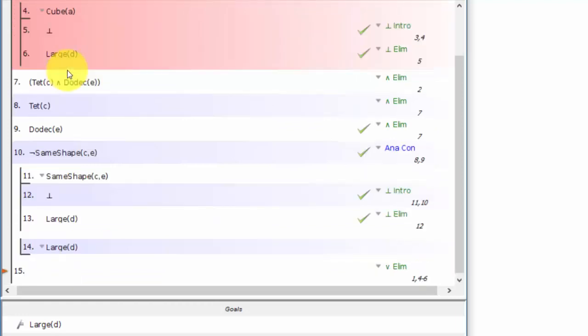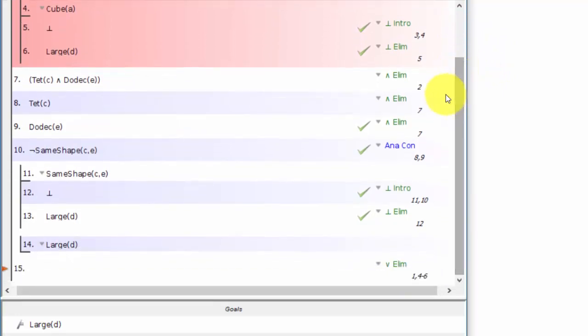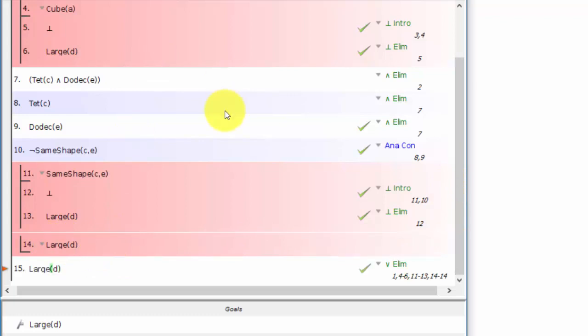So this subproof represents one option that led us to D is large. This represents the second option that eventually led us to D is large. And here's our third option, which just states that D is large. So that gives us D is large by disjunction elimination, and we see that the proof checks out.